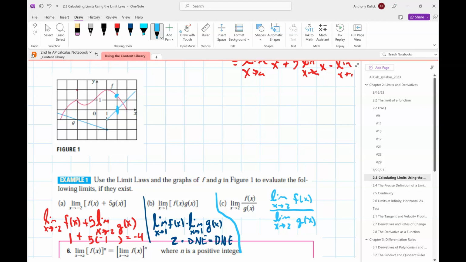I don't know, 1.5 maybe? I'm going to put a squiggly because I had to estimate that. It didn't land on a grid line. 1.4, 1.2, or 1.5, 1.6. If you're ballpark, you're fine. It's right around half. And if I look at g, I get 0, right?